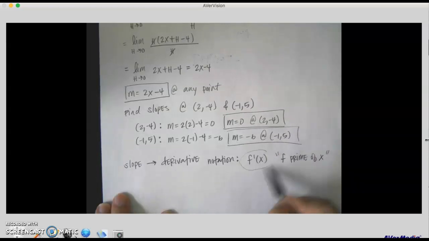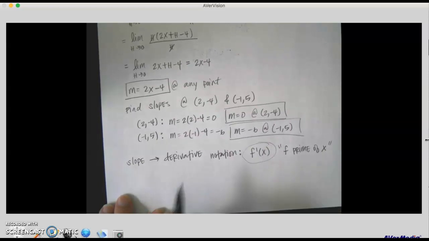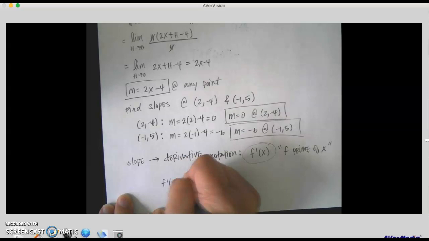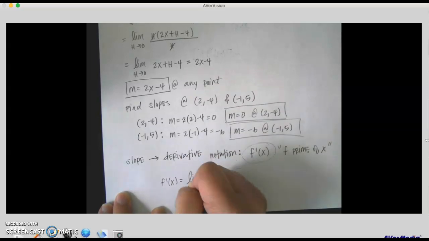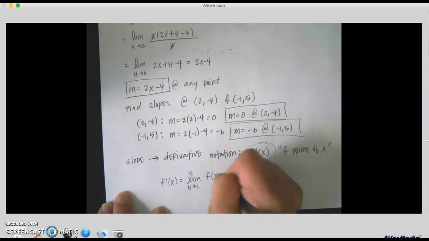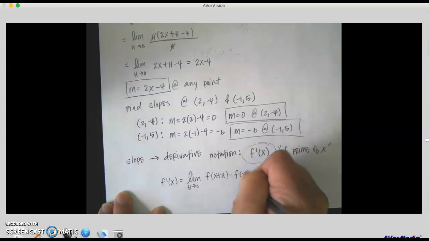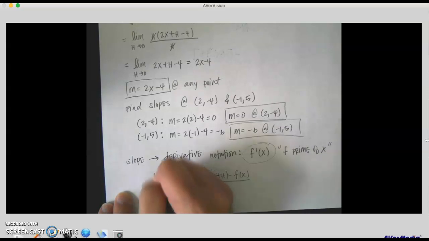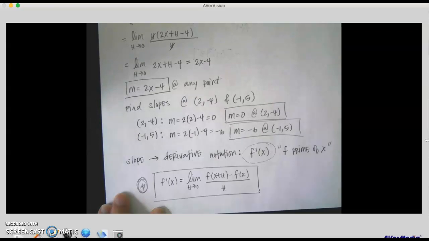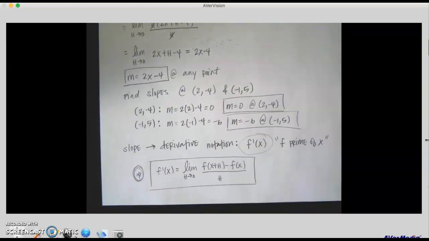Right? So that stands for the derivative. So instead of saying m equals that limit, we're going to say the derivative is equal to the limit of our difference quotients. So this is the notation that we're going to be using from now on, the f prime of x.